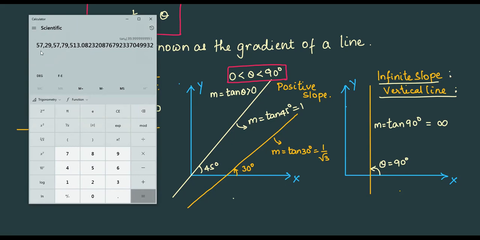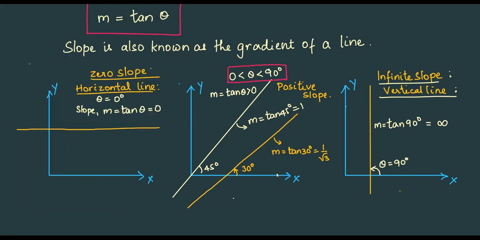So the number is going very high as we go close to 90. At 90, invalid input. Tan 90 is not defined. That means your slope value is going from 0.